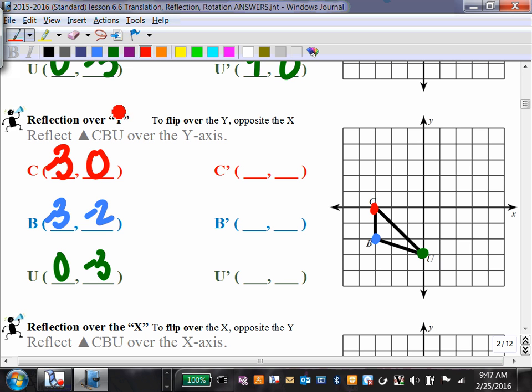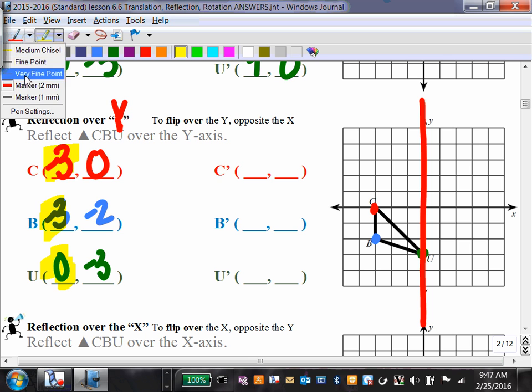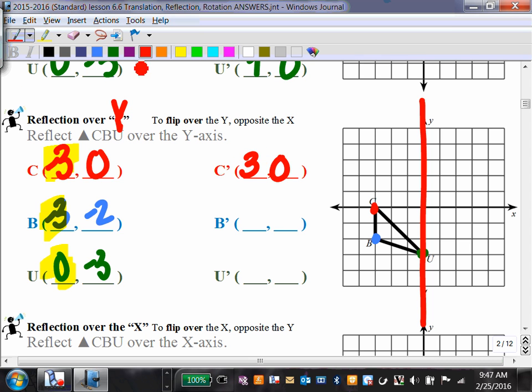We're going to flip over the y-axis. So darken the y-axis. Always darken the axis you're flipping over. It says to flip over the y, you opposite the x. So you're going to take all your x coordinates and just opposite them. And so if it's negative, it becomes positive. And now start graphing.